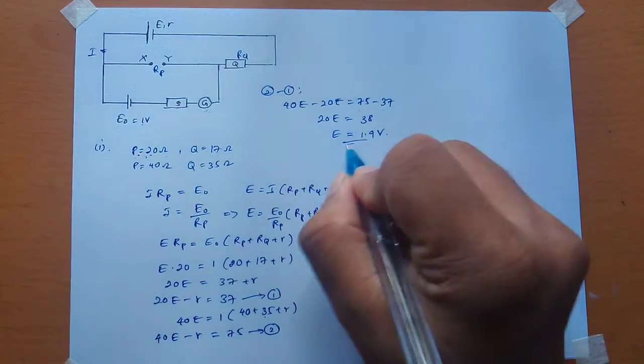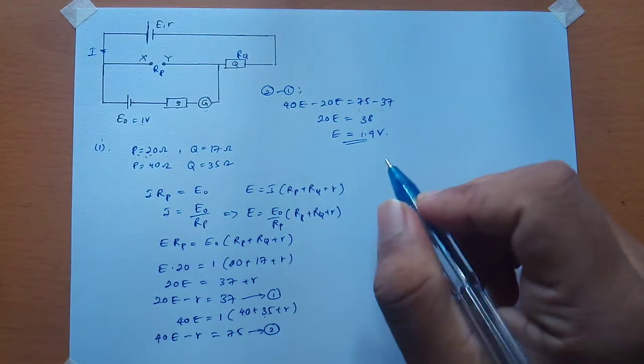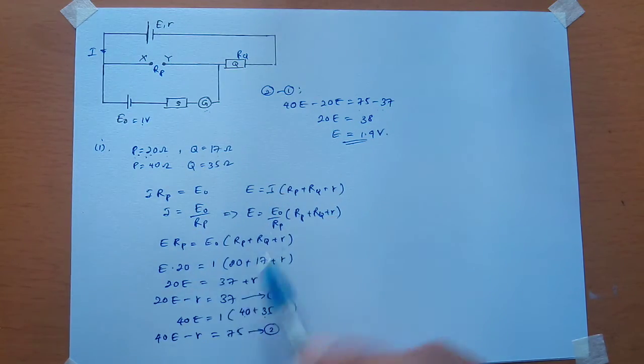So this is the EMF of the cell, and then we want to compute the internal resistance. That can be found from either one of these two equations.